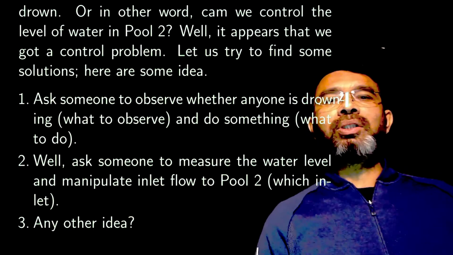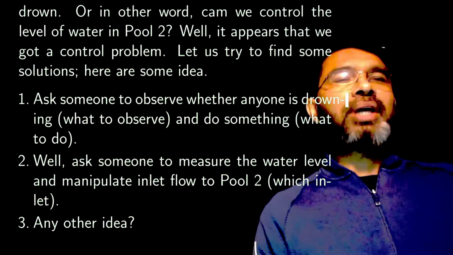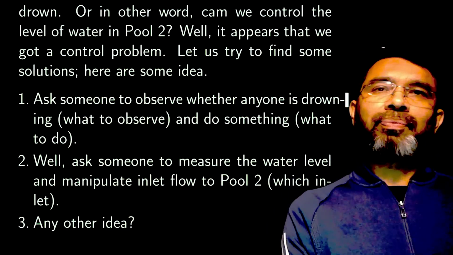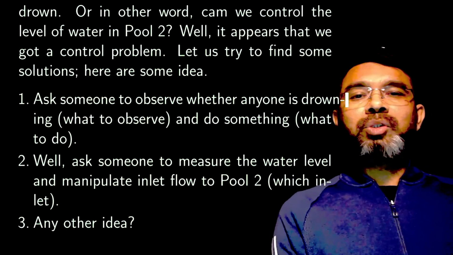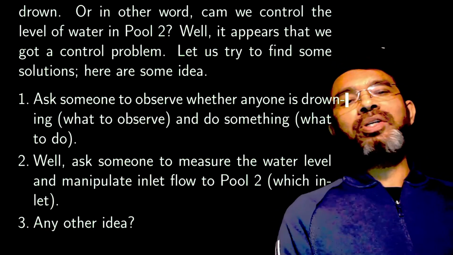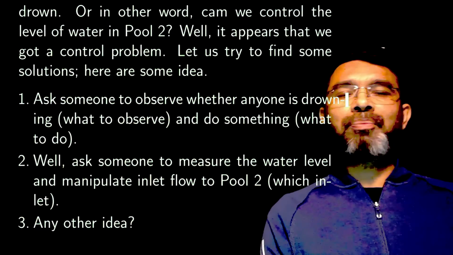We can ask someone to observe whether anyone is drowning or not and do something. But to ask someone to see whether someone is drowning or not, that becomes a qualitative problem.